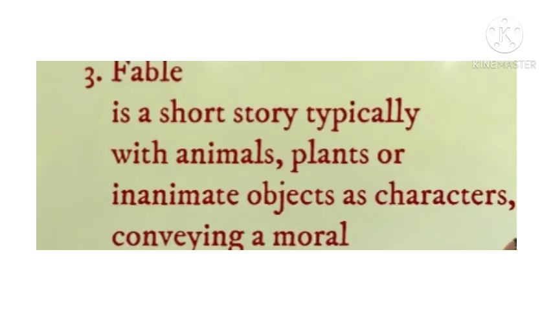A fable is a short story, typically with animals, plants, or inanimate objects as the characters, conveying a moral. Some examples of fables are the Greedy Dog, the Ugly Duckling, the Ant and the Grasshopper, or etc. You can find many more examples of fables.